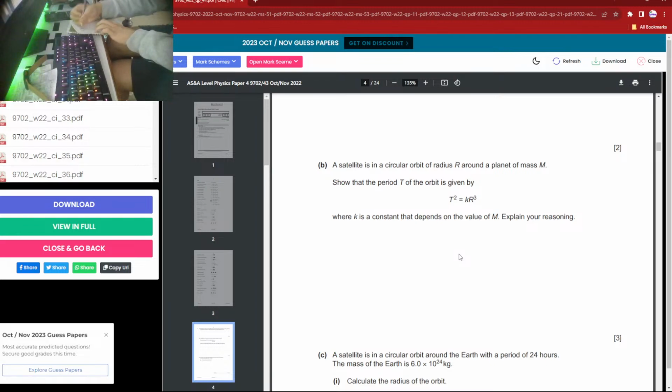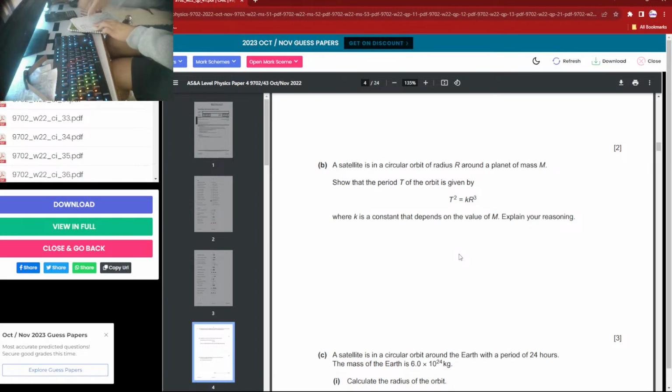Next, you open the angular velocity: it's 2 pi over T, squared. So GM equals the square of 2 pi over T times r cubed. That will give you GM equals 4 pi squared over T squared r cubed.